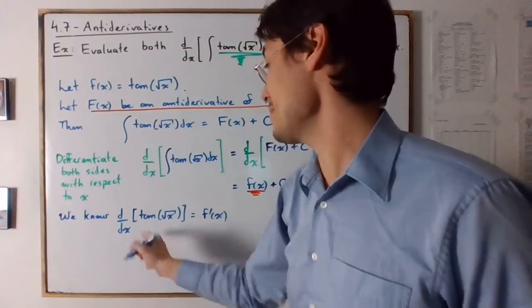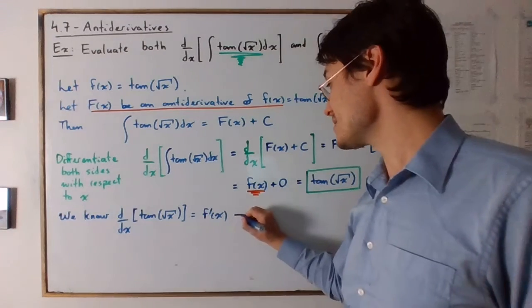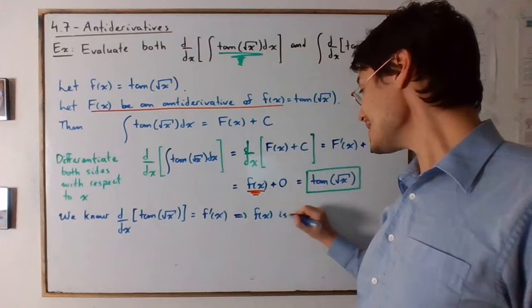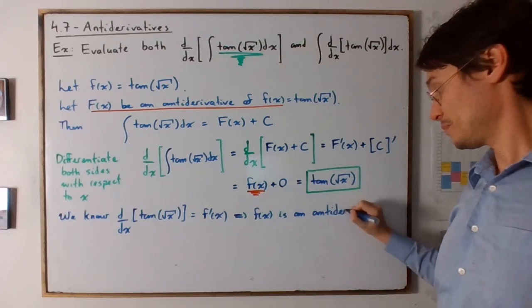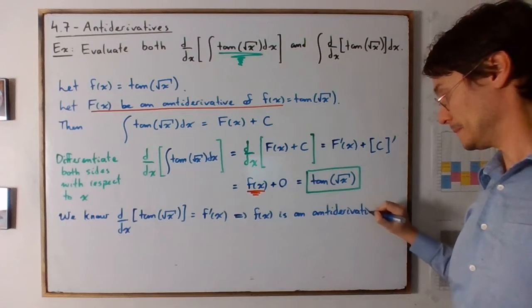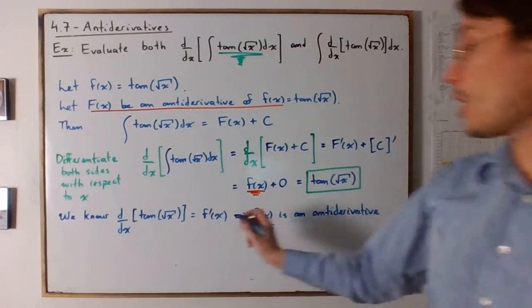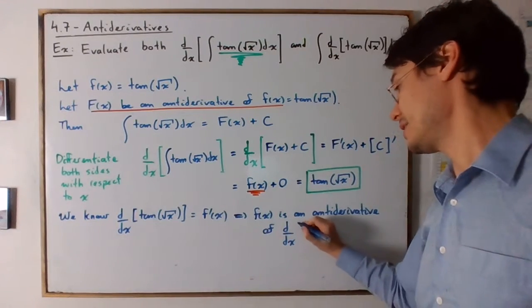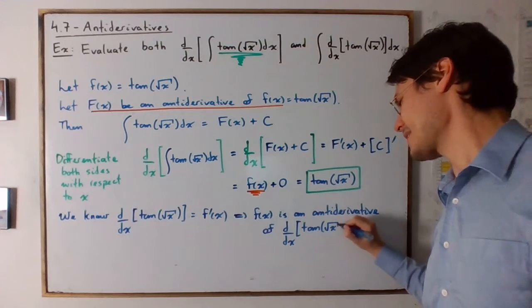So f prime is the derivative of it. And this means that f of x is an antiderivative of d over dx of tangent of square root of x.